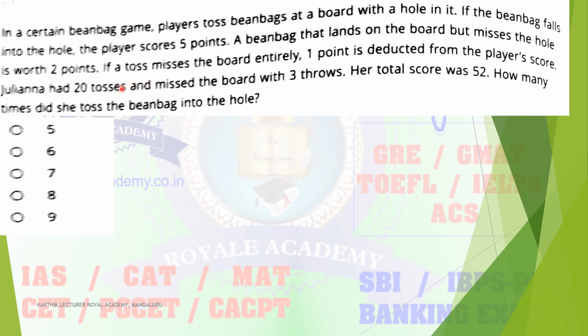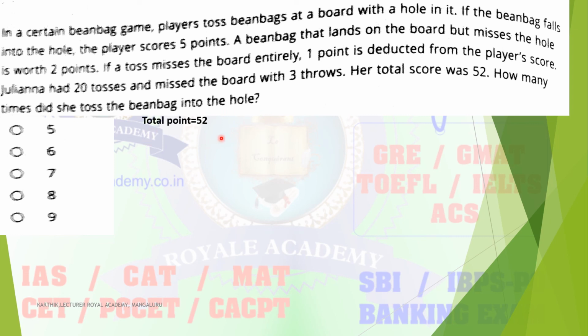So how many times did she toss? 20 times, as already given. She missed the board with 3 throws, and the total score was 52. How many times did she toss the beanbag into the hole? That you have to find out.